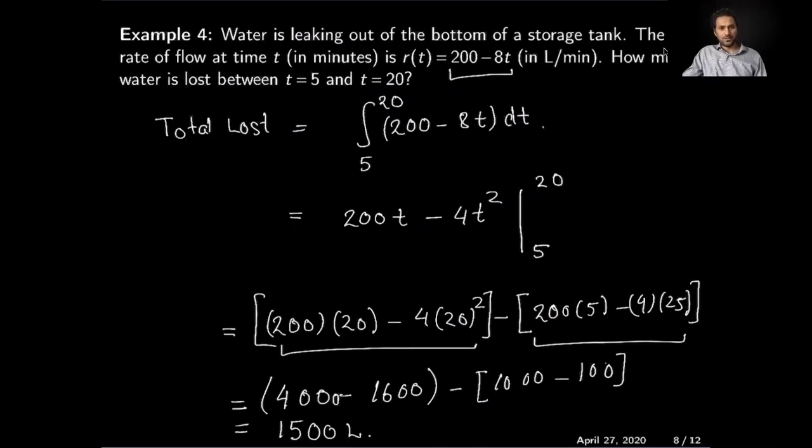So 200 times 20 is 4000, minus 4 times 20 squared, which is 400 times 4, which is 1600. So minus 200 times 5, which is 1000, minus 4 times 25, which is 100. After simplifying these numbers, I got 500: that much water will be lost if the water is flowing at that rate.